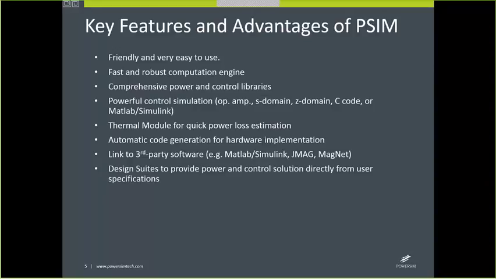So embedded code generation: I'm actually running another webinar at the end of the month to cover embedded code generation specifically. That webinar is filling up, so I would try and get to that one quickly if you're interested in learning how to translate your control schematic from PSim directly into C code that'll just fire away on the DSP.